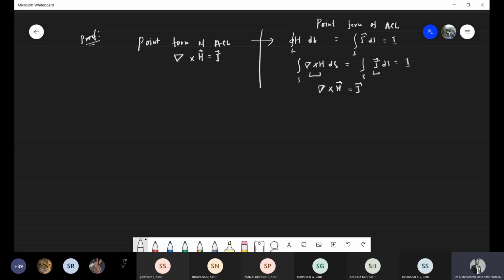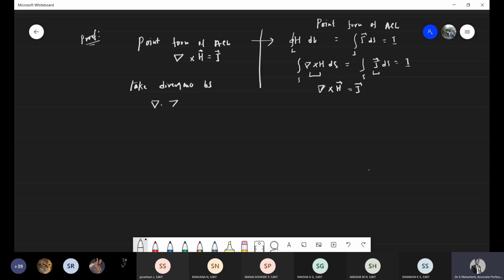So if you want, you can refer to this. So curl of H is equal to J. Now if I take the divergence here, take divergence on both sides. What happens?